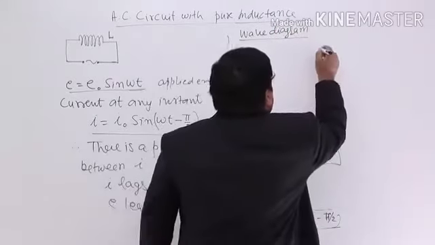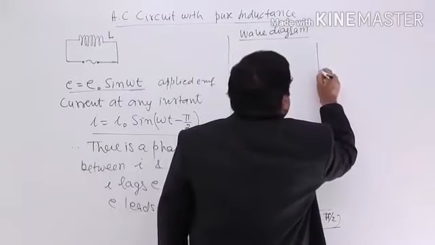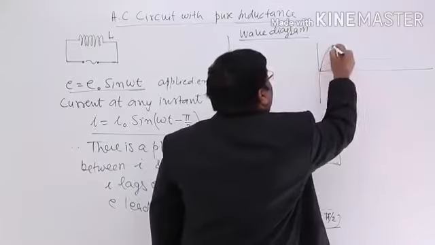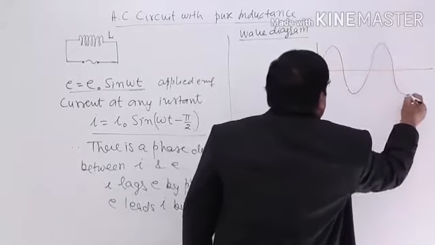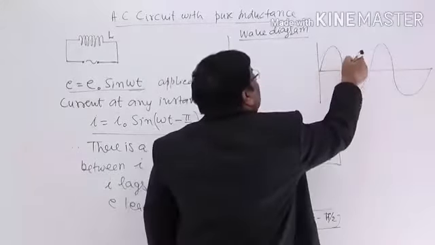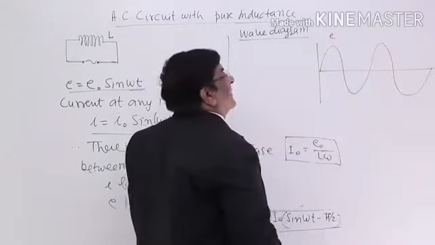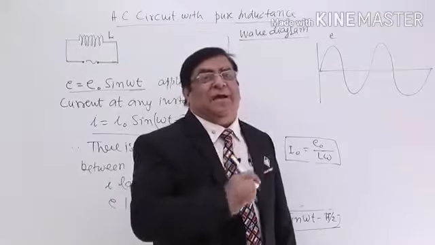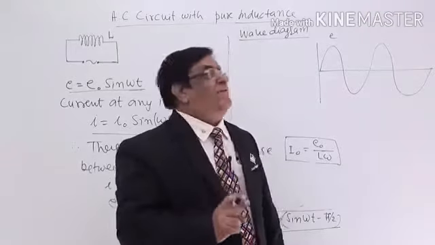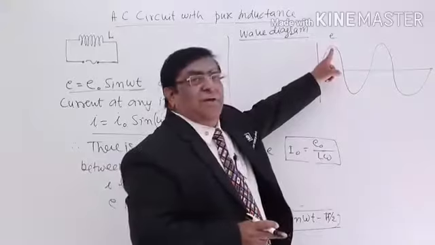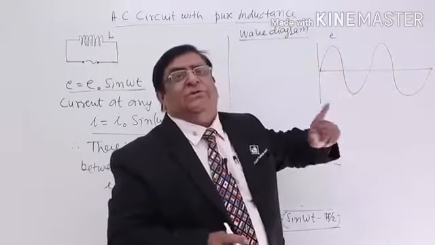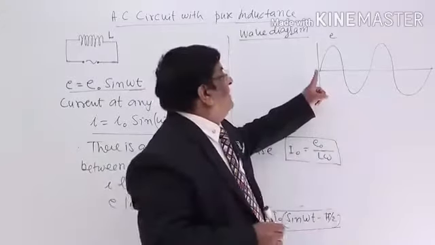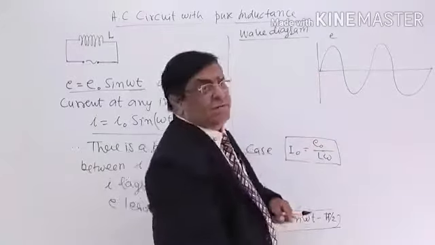The wave diagram will be like this, and this is the diagram for E. Now the diagram for I lags behind it, meaning first there will be a peak of E, after pi by 2 there will be a peak of I. Again, first there will be the start of E, after pi by 2.